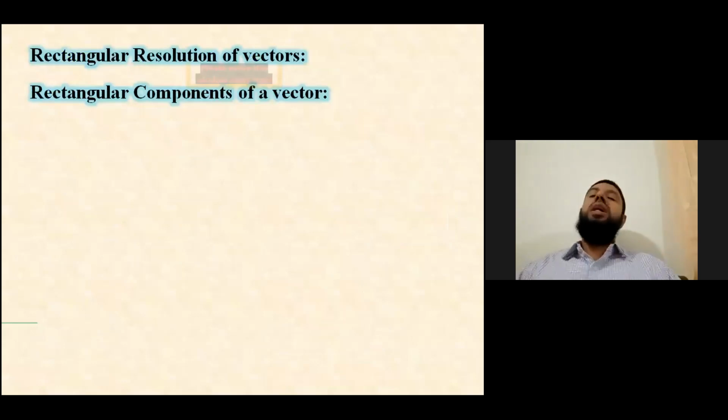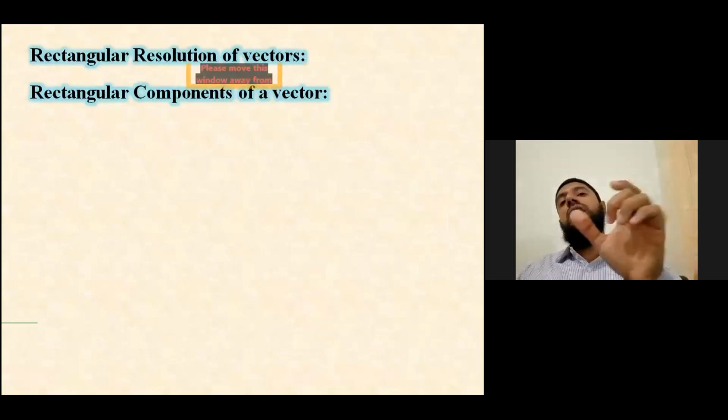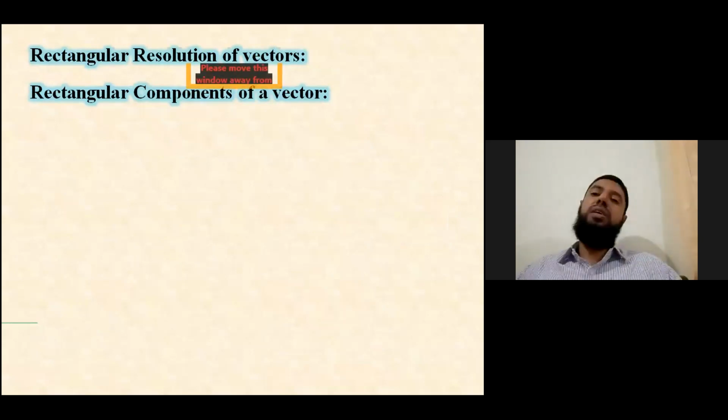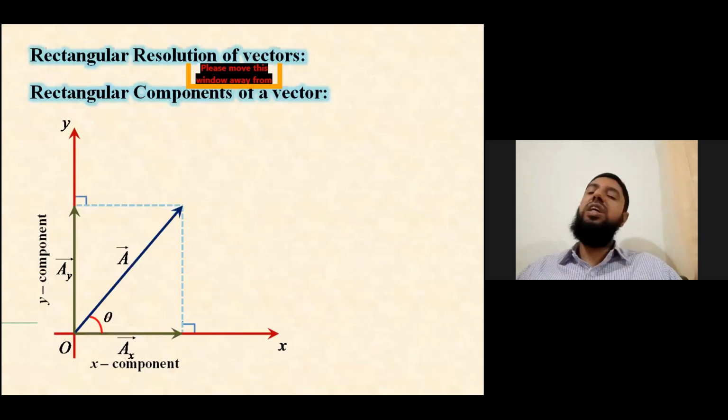Now let's have one more very important part in vectors, that is the rectangular components of vectors. Rectangular resolution. If I have one vector and I split it into two vectors along the x-axis and along the y-axis, then this splitting of vectors we term rectangular resolution.